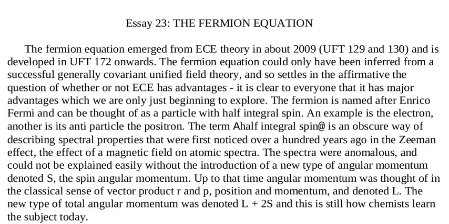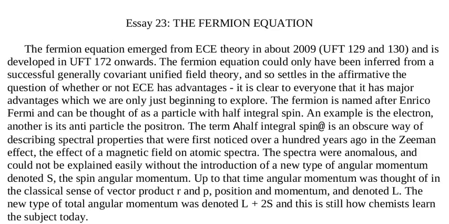The term half-integral spin is an obscure way of describing spectral properties that were first noticed over 100 years ago in the Zeeman effect, the effect of a magnetic field on atomic spectra. The spectra were anomalous and cannot be explained easily without the introduction of a new type of angular momentum denoted S, the spin or intrinsic angular momentum.